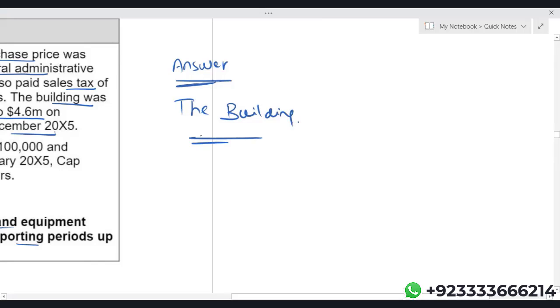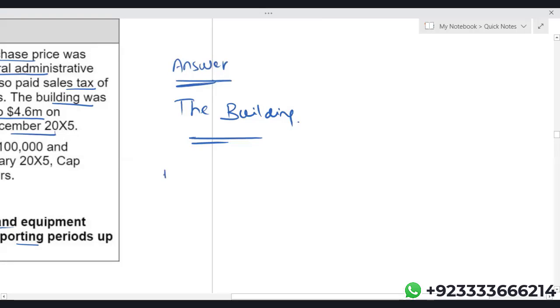The building. Simply the first thing which you have to tell your examiner is that initially the building will be measured at cost. That's the number one point.